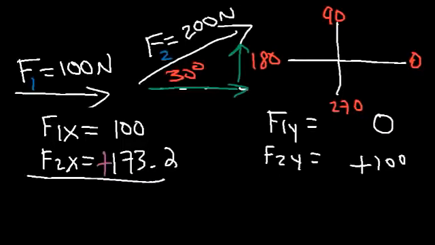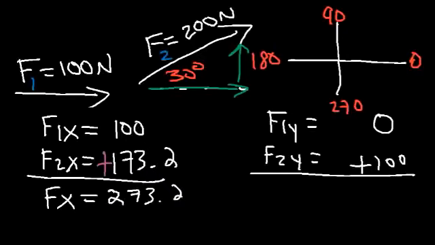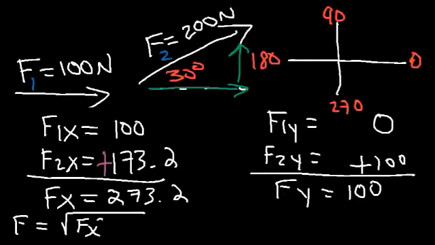So what we need to do is add the x components and the y components together. Fx is going to be 273.2, and Fy, if you add them, is simply 100. Now keep in mind, F is the square root of Fx squared plus Fy squared.